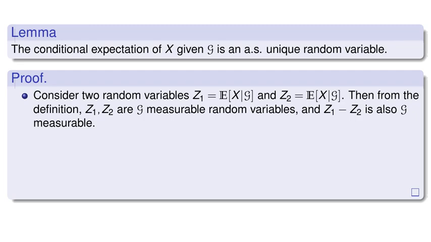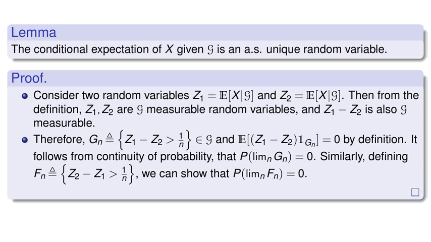Let's sketch the proof. Suppose we had two such random variables, Z1 equals the expectation of X given script G, and Z2 equals the expectation of X given script G. By definition, both Z1 and Z2 are script G measurable, which implies their difference, Z1 minus Z2, is also script G measurable.